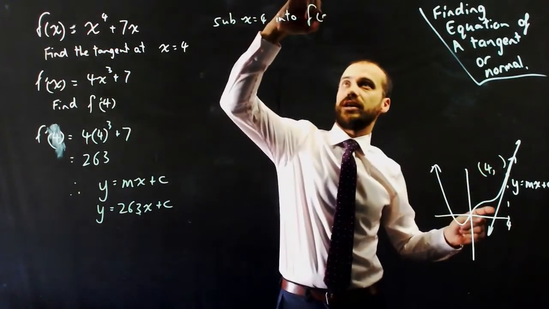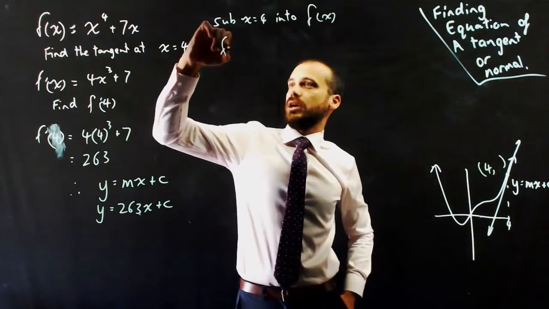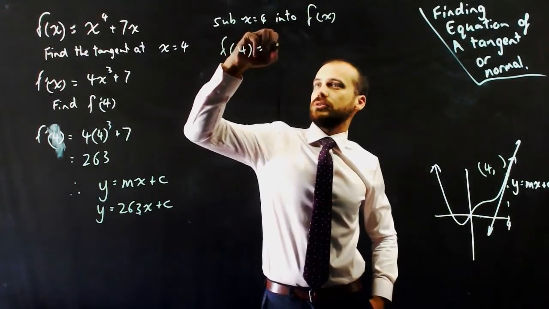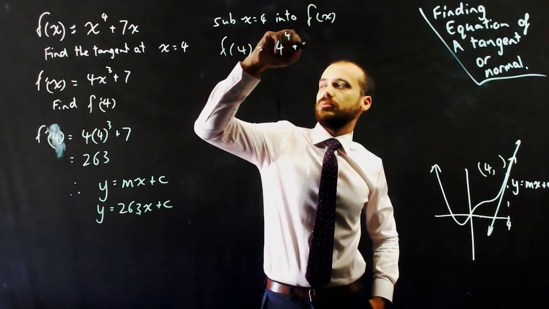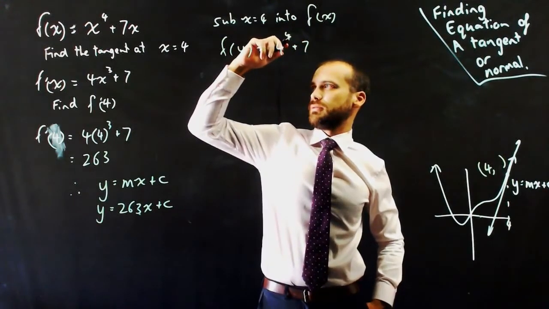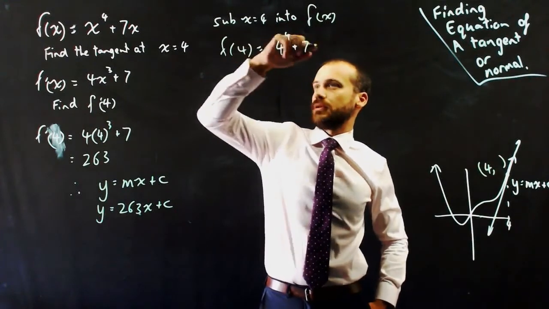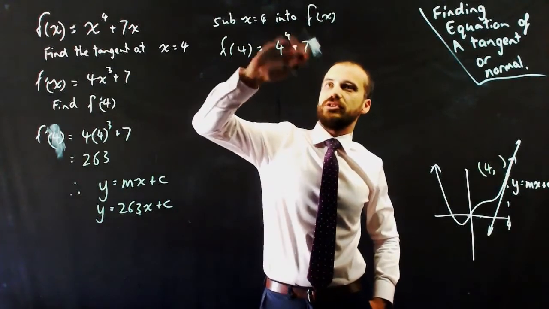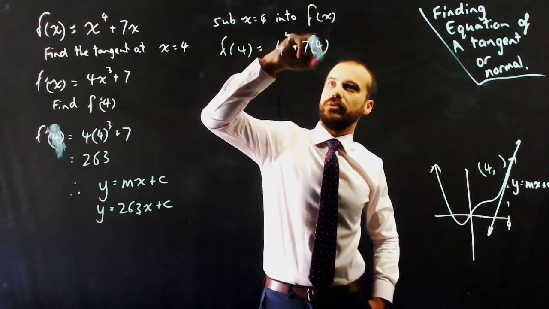So into f of x. So f of 4 equals 4 to the 4 plus 7x, or plus 7 times 4.